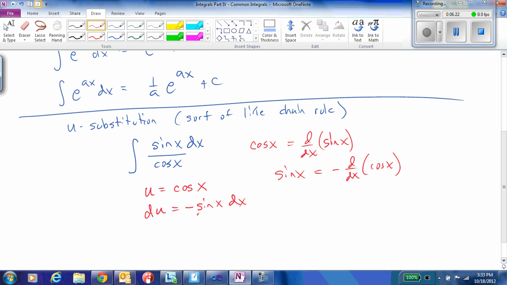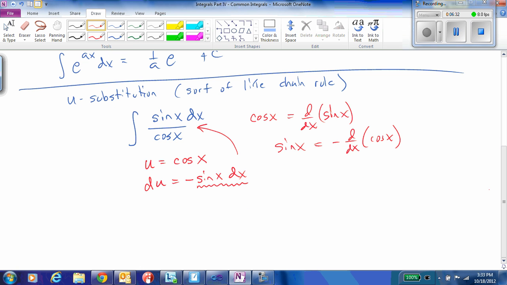Well, you'll notice that this stuff right here is what appears in my integral, which means that by making this substitution, my blue integral becomes the following red integral. It becomes minus du all over u, which I can now rewrite as minus the integral of 1 over u du. And what did we just learn?